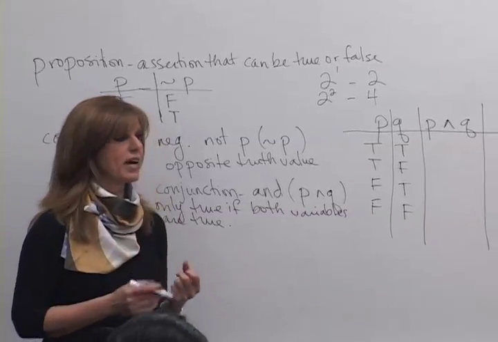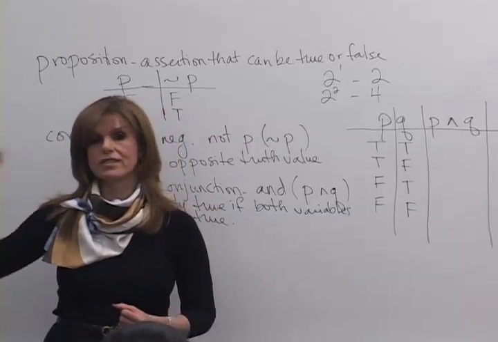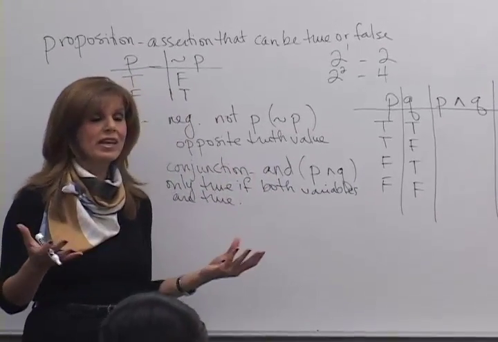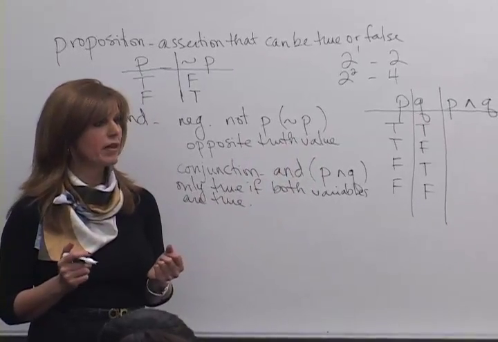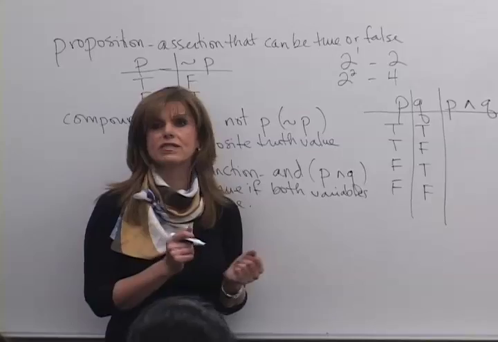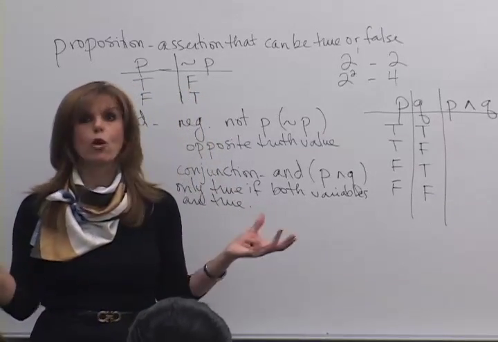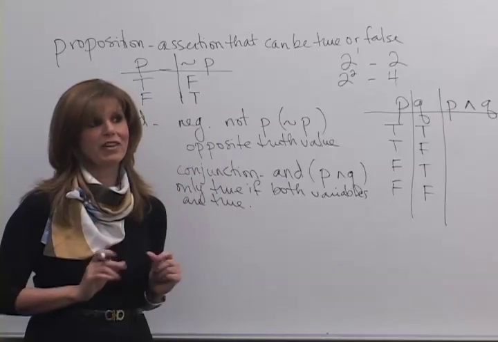If you say, for example, today is raining, and you say, today is Friday. If you say, today is Friday and it's raining, it's going to be true because it happens to be Friday and it happens to be raining. But if I told you today is Thursday and it's raining, even though part of it is true, the whole sentence is not true. The conjunction isn't true because part of it isn't true.